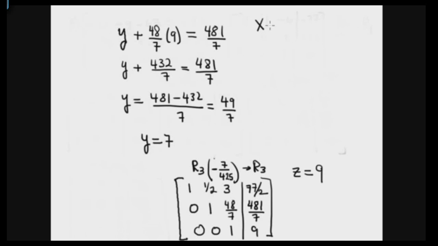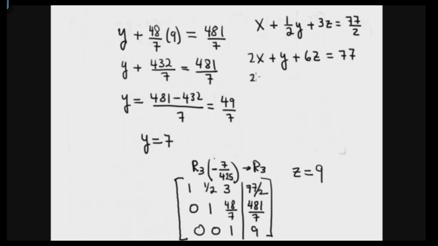Okay, the easier equation. Plus 1/2 y plus 3c equals 77 over 2. Okay, let's say 2x. I multiply the whole thing, the entire equation, by 2. Okay, I come back approximately to the beginning. So substitution, y is 7, c is 9. So for x, this is 7, this is 54.